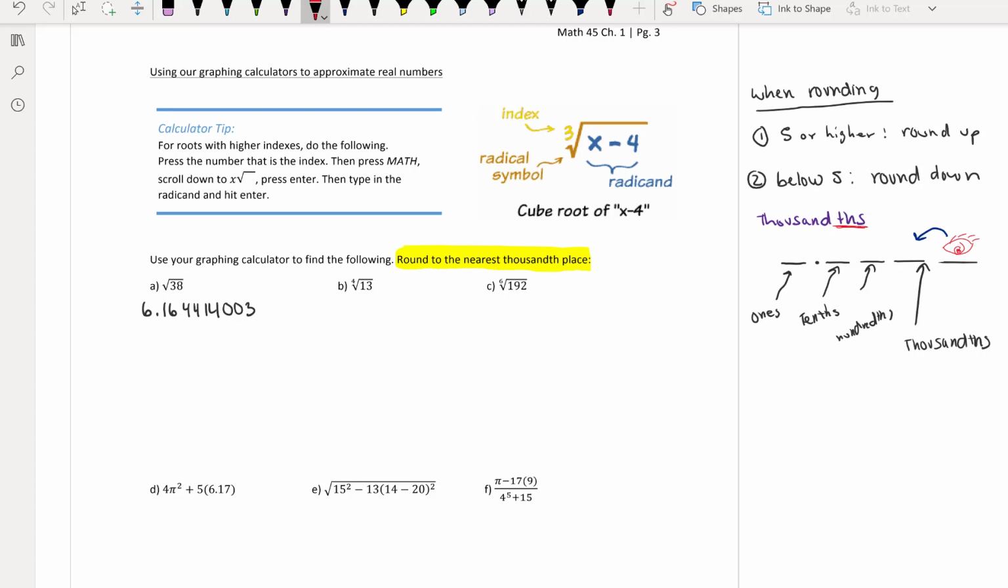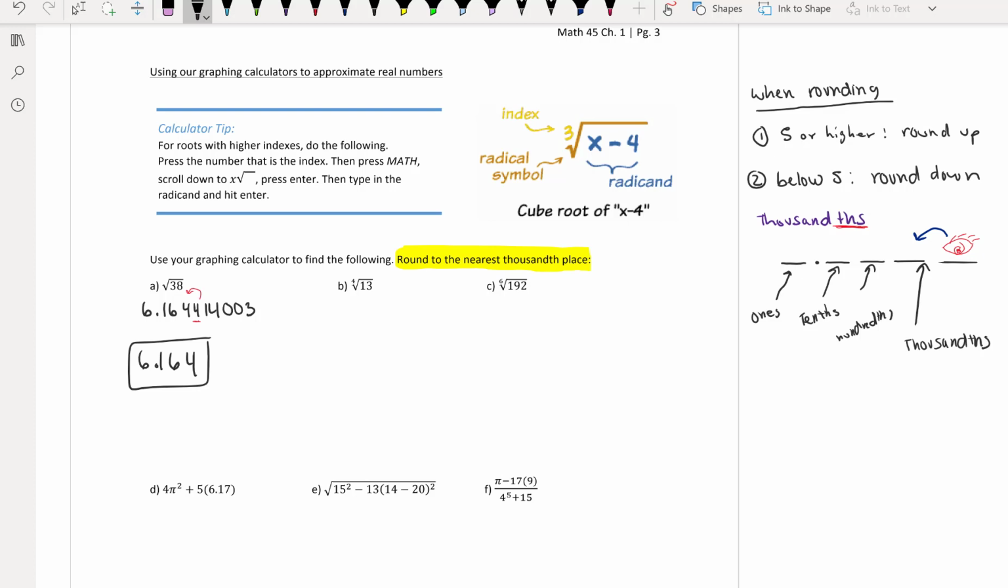So this is the 4th digit that's going to be influencing the digit before that. Here, because 4 is below 5, that means I'm going to round down. So by rounding down, I leave it alone. So when I round down, it's 6.164. That would be my final answer.